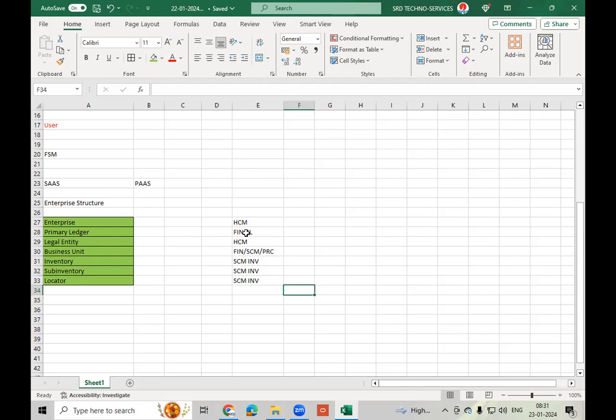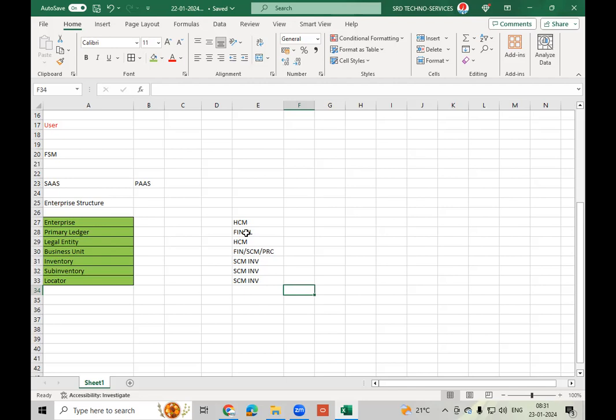Suppose a mistake happens by another team member, who is responsible? You are responsible. Why? Because you have to guide properly, collect what details are required, and give more understanding to the business. Whatever the plus or minus, you are responsible. That is the functional consultant role in an implementation project.